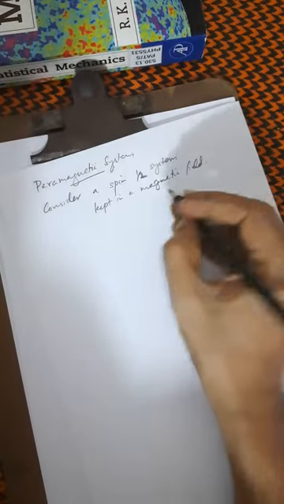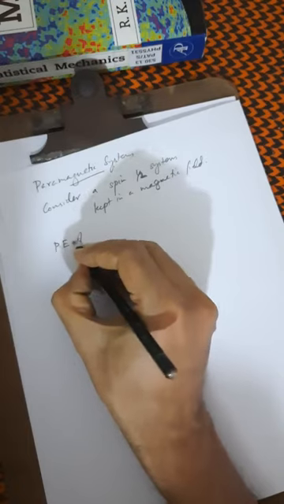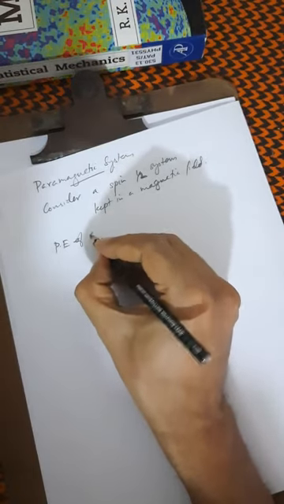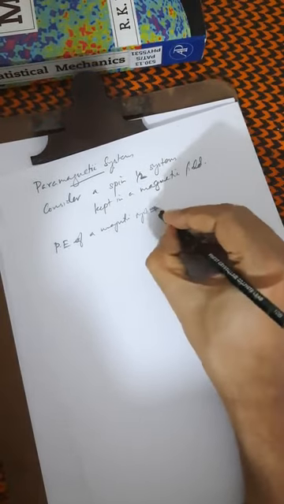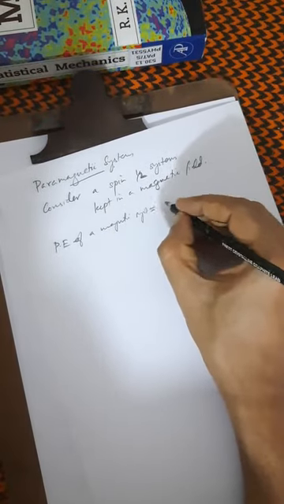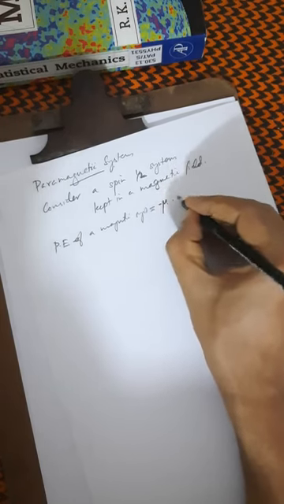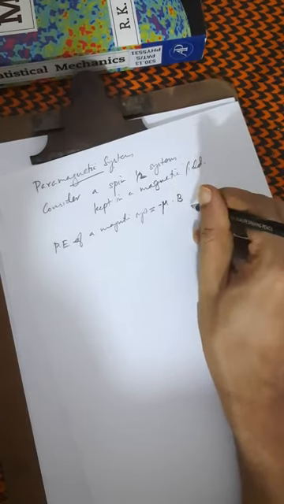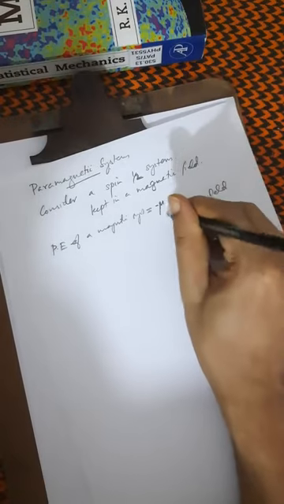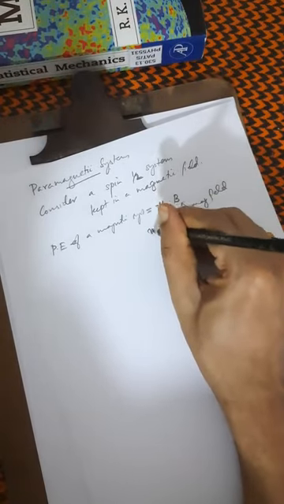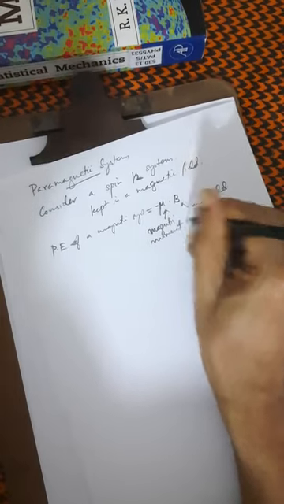So how do you define the potential energy of a magnetic system? You might have learned, I'm not sure of that. The potential energy is normally defined by minus mu dot B, where B is the magnetic field and mu is the magnetic moment, right?